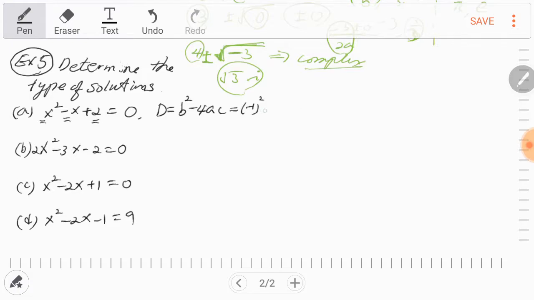So b squared is negative 1 squared, minus 4 times 1 times 2. Then this is equal to 1 minus 8, negative 7. The discriminant is negative 7. That means plus or minus square root of negative 7. This is a complex number. So the solution is 2 plus or minus distinct complex solutions.